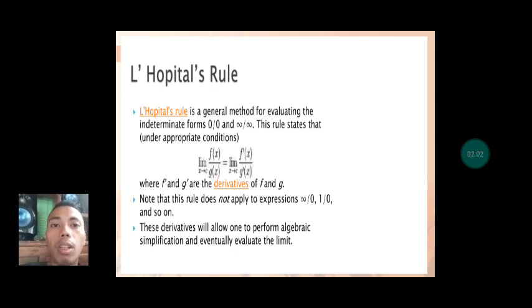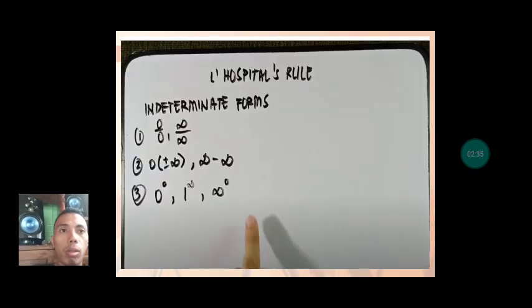As I have mentioned previously, when you see that the answer is 0 over 0, or infinity over infinity, you can apply L'Hopital's rule. Wherein f prime and g prime are the derivatives of f and g. So, we just get the derivative. You just take the derivative of the certain limit, then substitute the value of x, and so on.